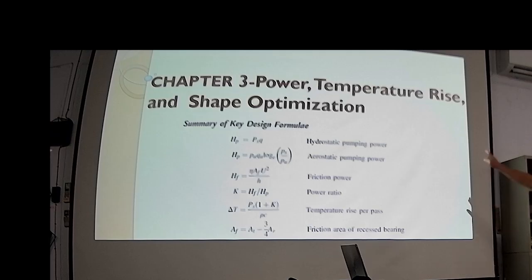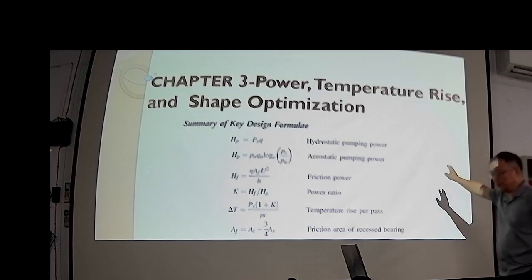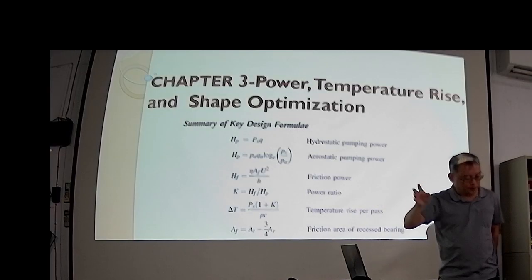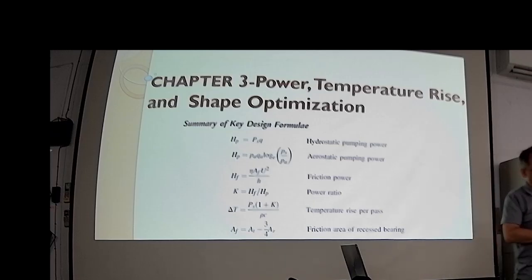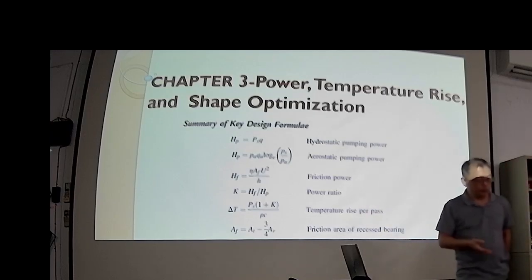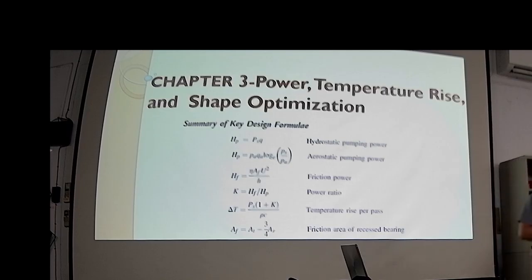So for the temperature rise discussed here, the hydrostatic bearing, mainly for the oil lubricant, oil hydrostatic bearing. For air bearing, because the viscosity of the air is relatively very small, and the air will be escaped to the atmosphere.